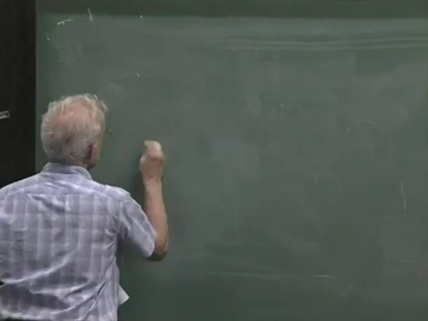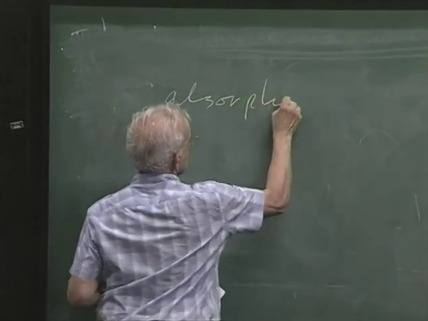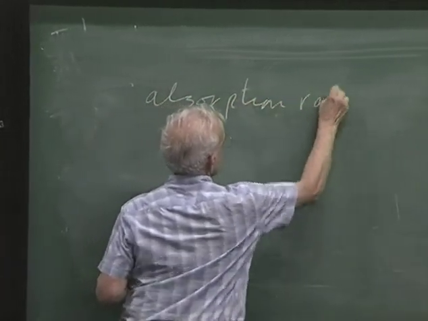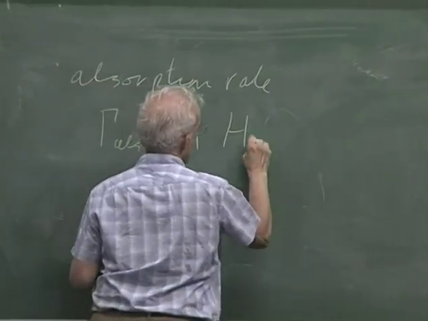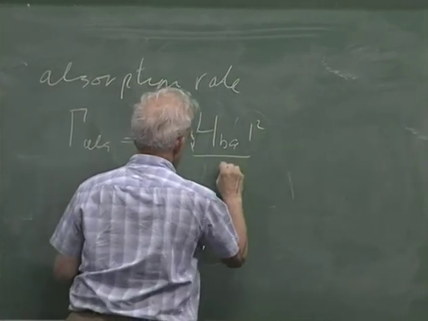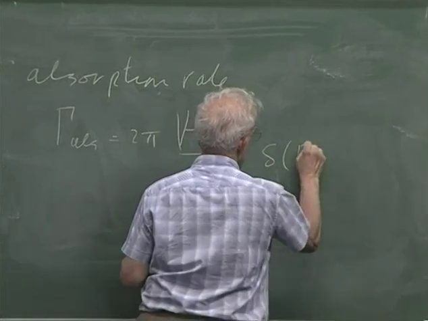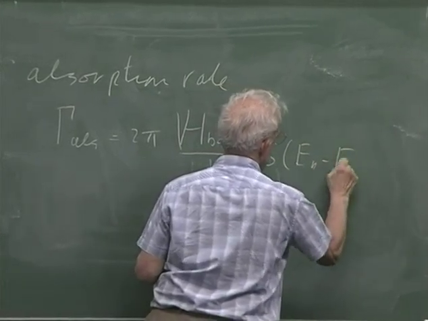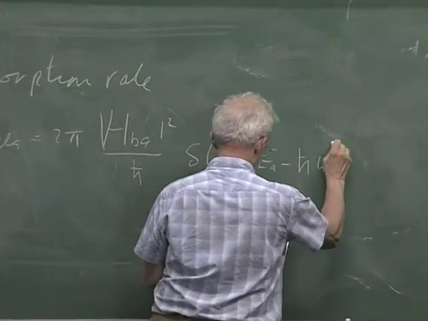Let's look at the absorption rate. Gamma absorption is equal to 2 pi times |H_BA| squared over H bar times delta of E_B minus E_A minus H bar omega.